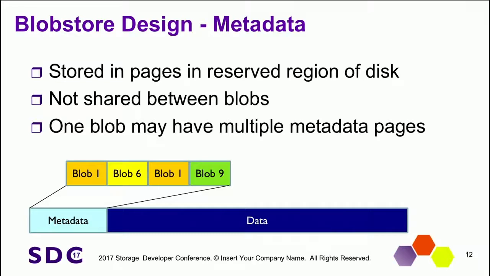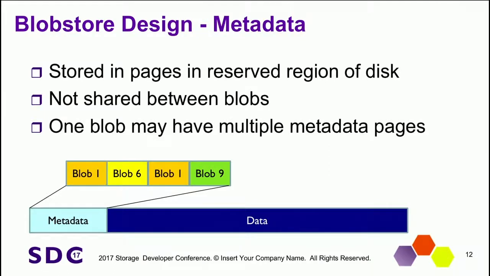And really, the metadata is nothing more than an extent list, right? A list of clusters that have been allocated for that blob, and a series of what we call XAdders, but they're similar to xattrs in file system land. It's a very crude implementation, very simple, just a way to store key value pairs with blobs to help solve little problems that applications might have in trying to keep track of things.